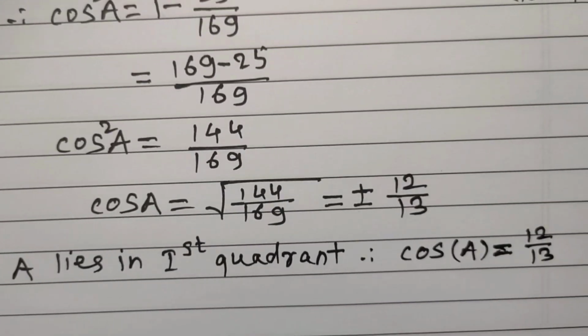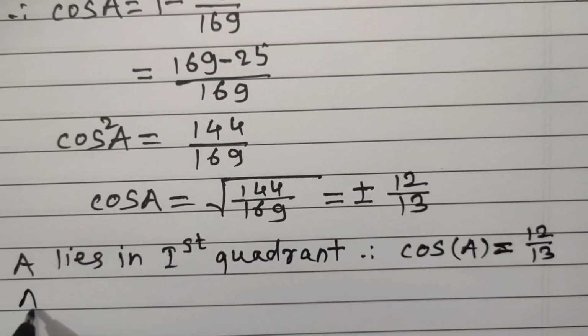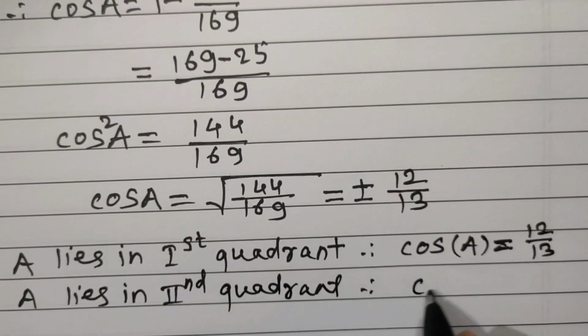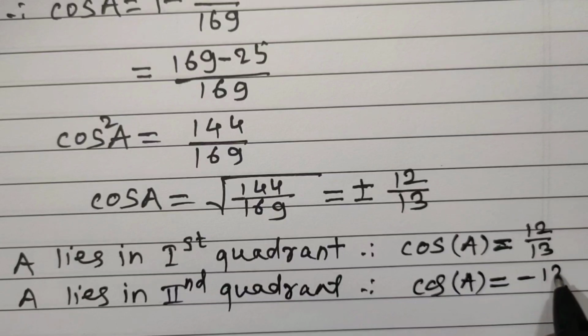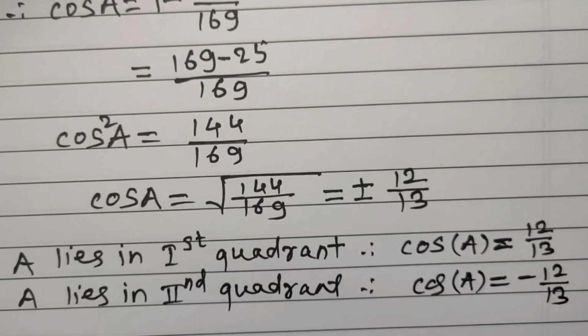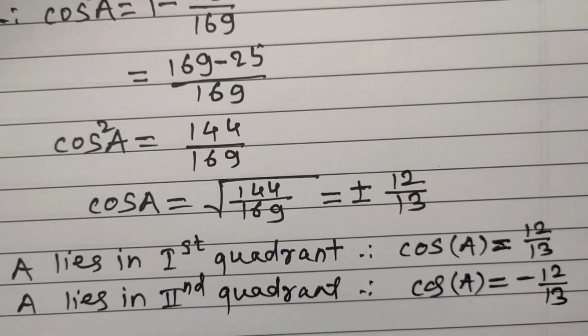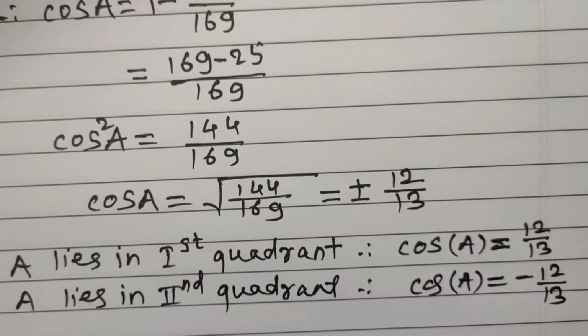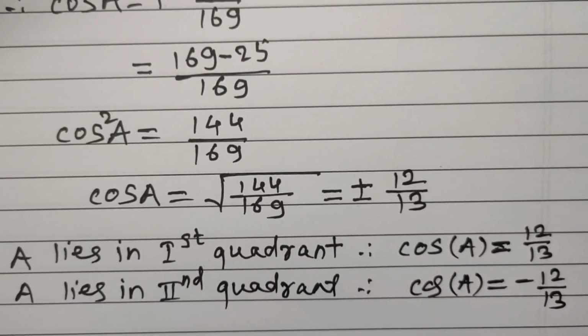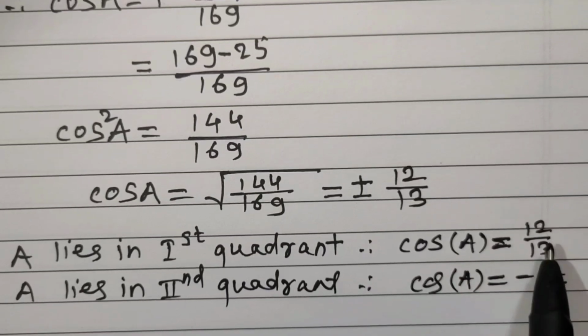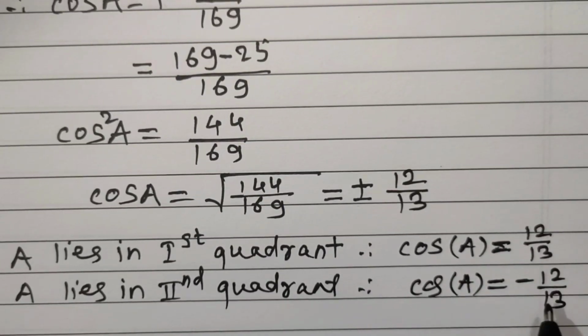And if angle A lies in the second quadrant, then cos A will be minus 12 divided by 13, because in the second quadrant the cosine ratio is negative, but the sine ratio is positive. So there are two values of cos A, either 12 upon 13 or minus 12 upon 13.